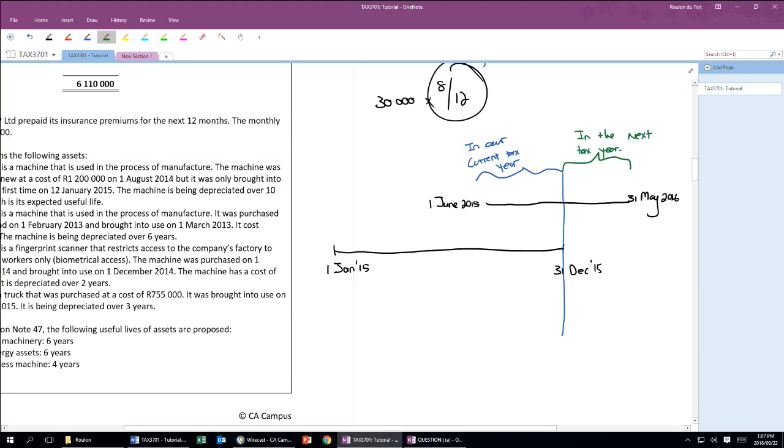Now, the reason why we split that out is because there are different rules which are applicable to expenses incurred within the current tax year and expenses incurred in the next tax year, or as we call it, prepaid expenses.